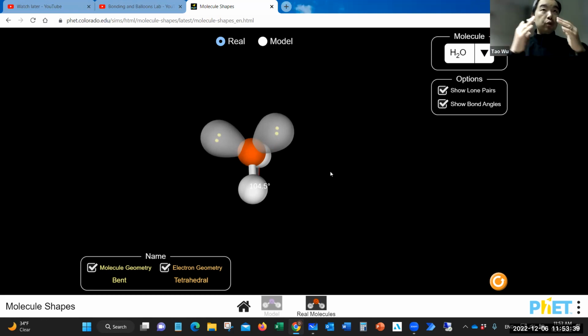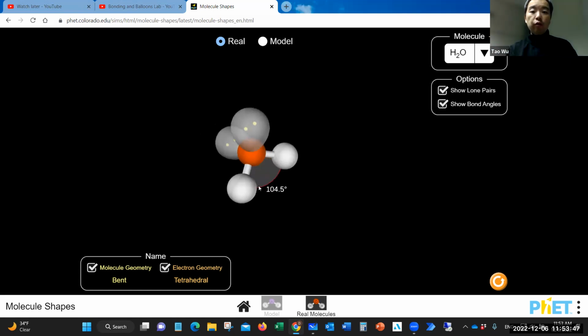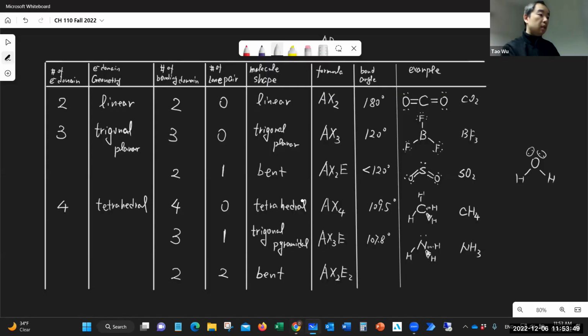So they push those two bonds closer together. That is why the bond angle here is 104.5. And you realize 1 lone pair makes it smaller, 2 lone pairs even smaller, right?